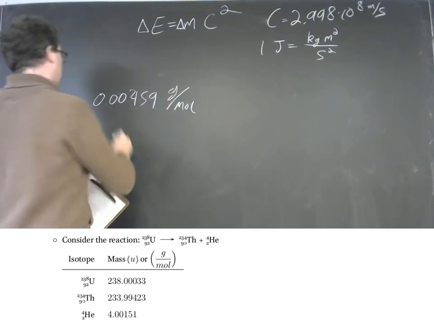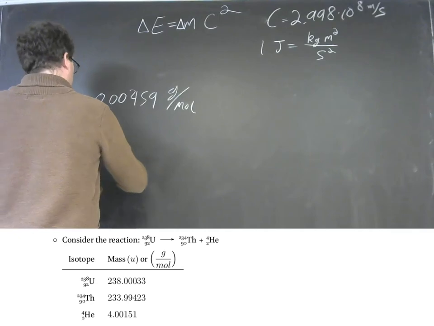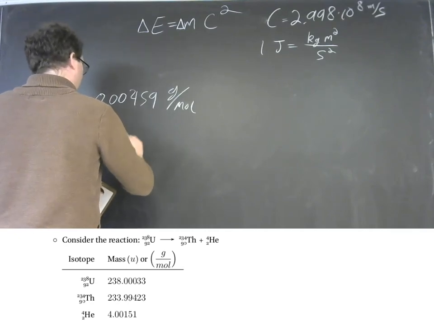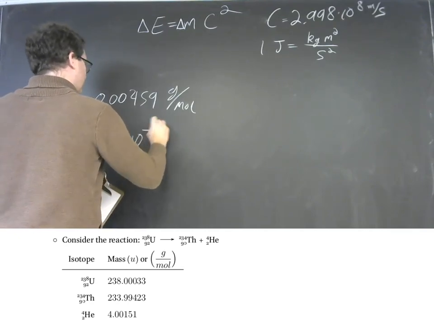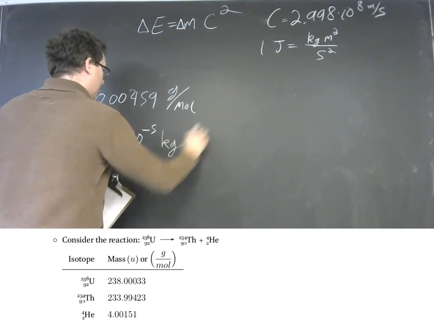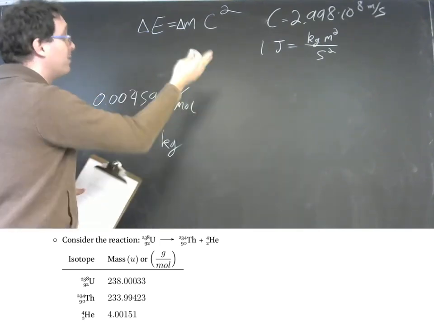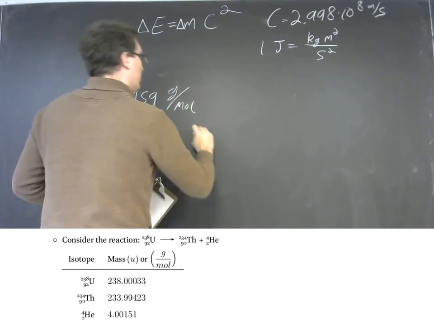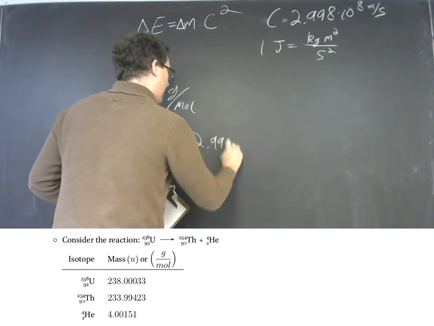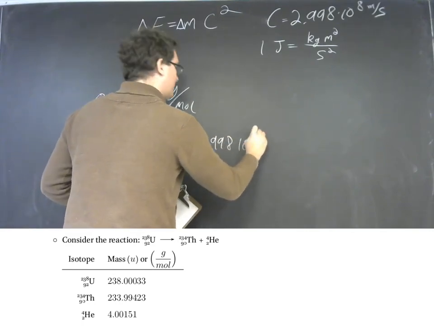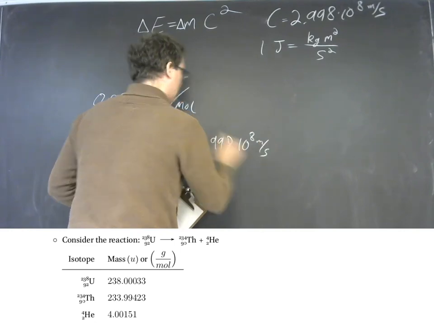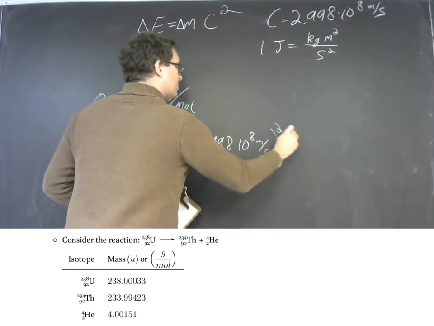We'll turn this into kilograms. That would be 4.59 times 10 to the negative 5th kilograms, multiplied by 2.998 times 10 to the 8th meters per second, squared.